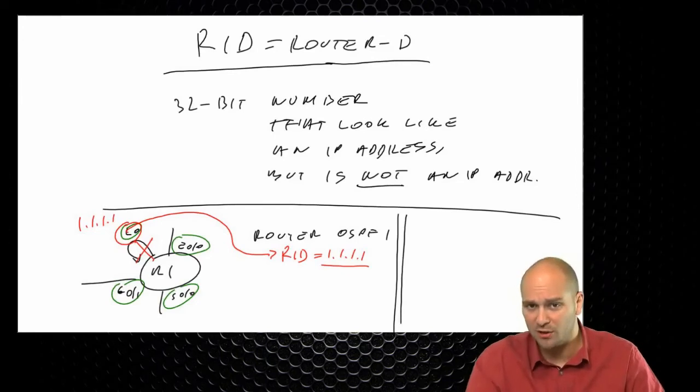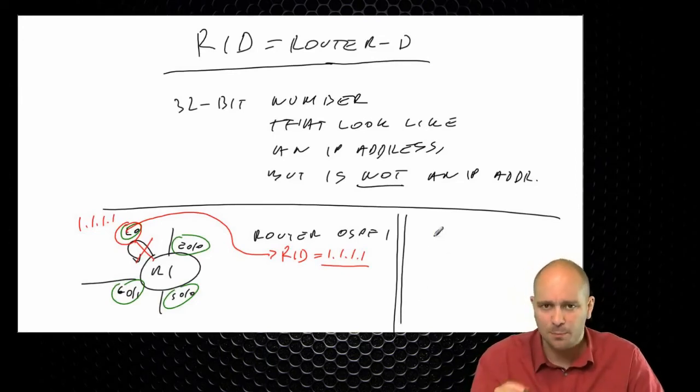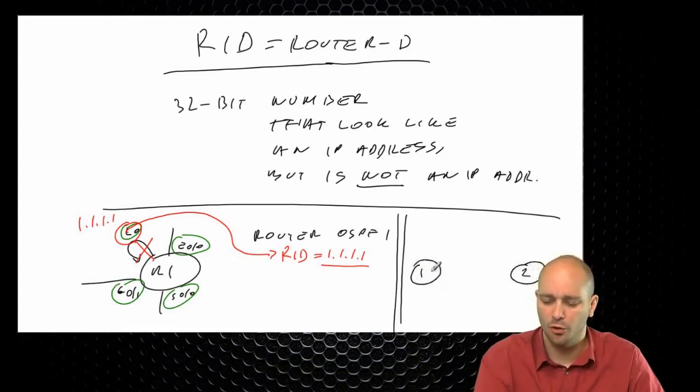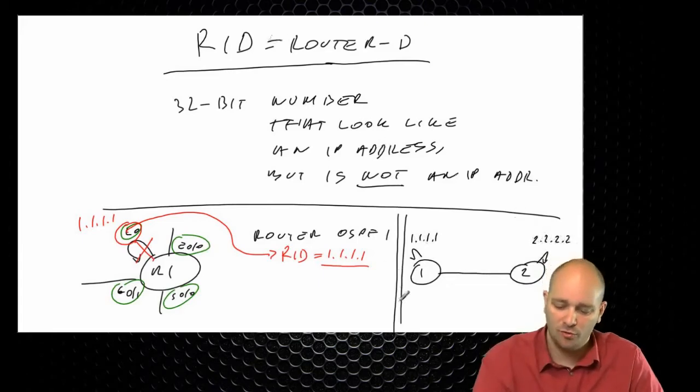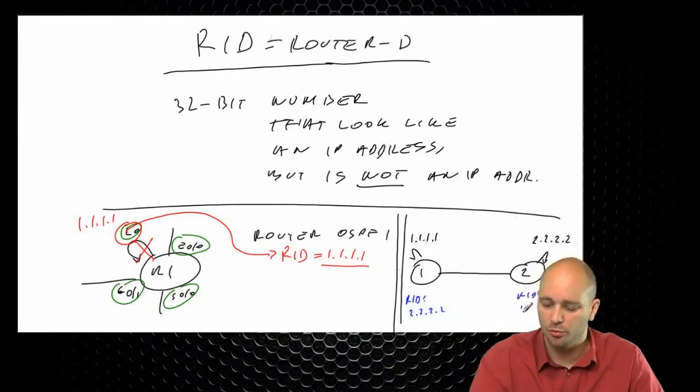Good luck troubleshooting this, but this is a perfectly legitimate scenario where you have, for example, R1 and R2, and let's say that both of them have loopback 0 interfaces, and this is 1.1.1.1, and this is 2.2.2.2, and the router ID on R1 is 2.2.2.2, and the router ID on R2 is 1.1.1.1.